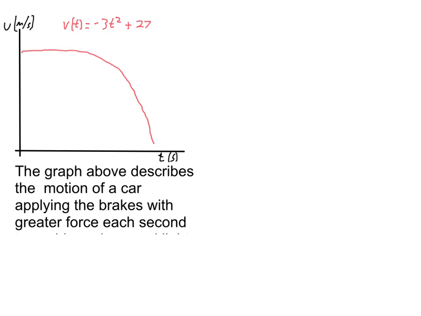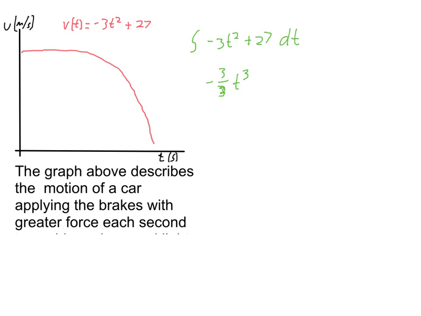So what I can do is take this velocity time function and take the integral of it. So I'm going to take the integral of negative 3t squared plus 27. That's the velocity according to time. This is going to give me, let's see here, negative 3 over 3 t cubed, right?